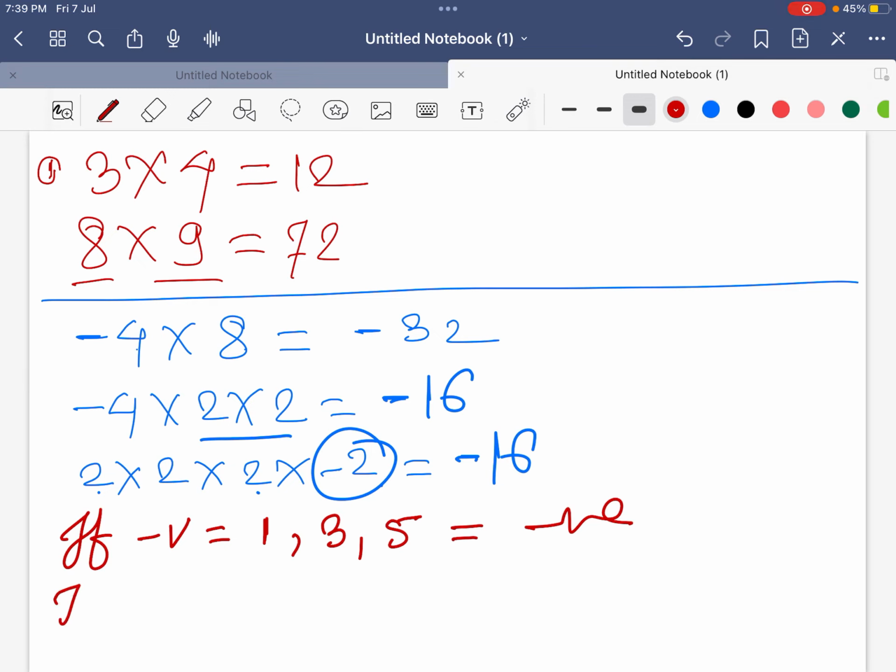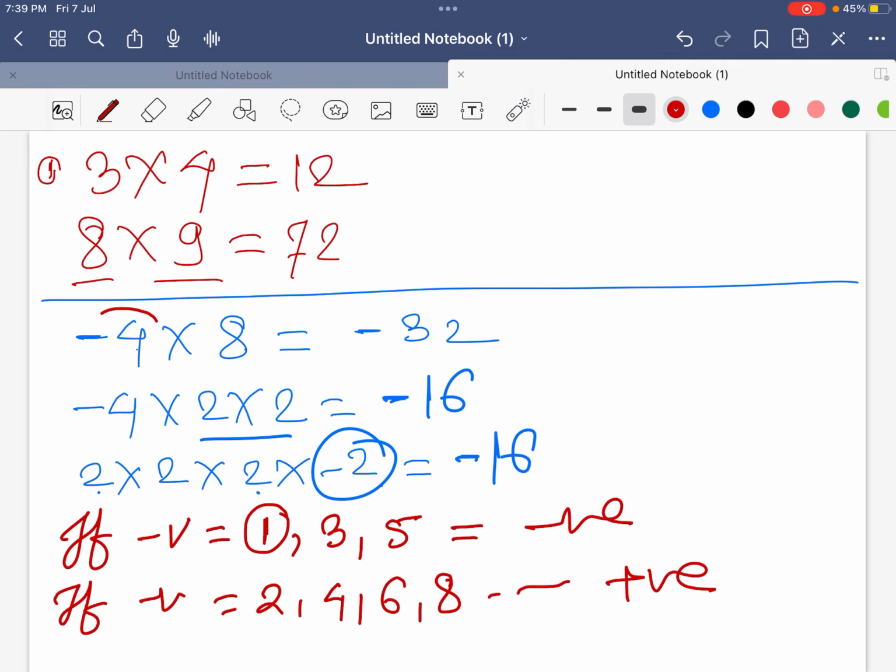And the second condition, if the number of negative signs is even, like 2, 4, 6, 8, then your answer is positive. Clear? So let's see, here there is only one negative sign, so your answer is negative.